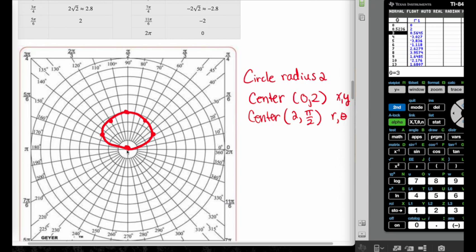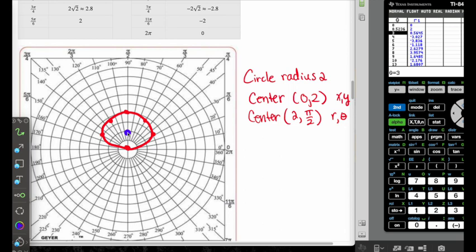Now, my artwork here is not the best. It doesn't look like a nice circle, but this is what it's supposed to be. My center is going to be at 0, 2. So here's the center of the circle right here. Let me get my pointer again. So here's the center of my circle.